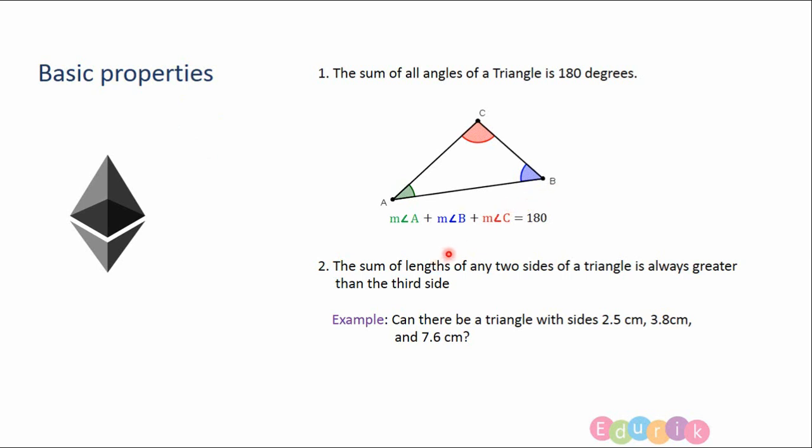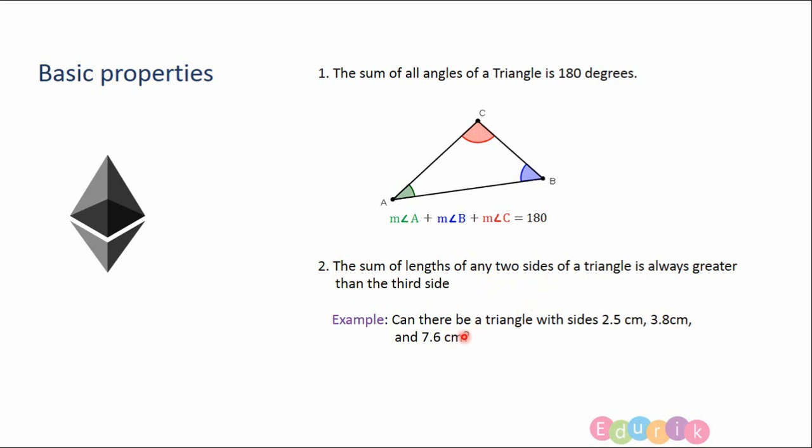The second thing, and it is a very important thing, questions are mainly asked from here, is that the sum of lengths of any two sides of a triangle is always greater than the third side. Now what this means? This means that we can never form any triangle in which the sum of lengths of any two sides is less than the length of the third side.